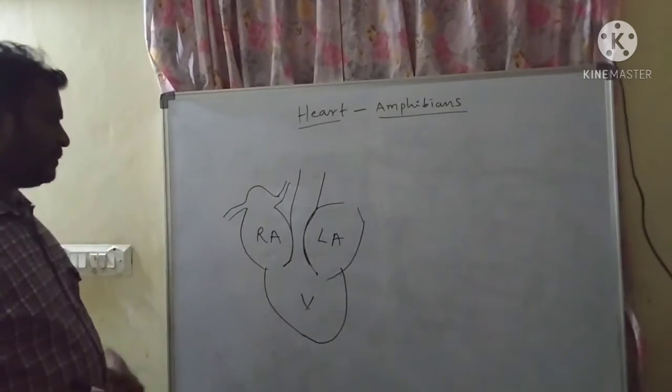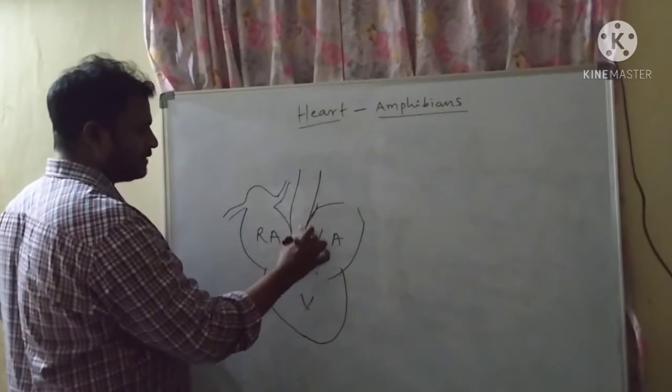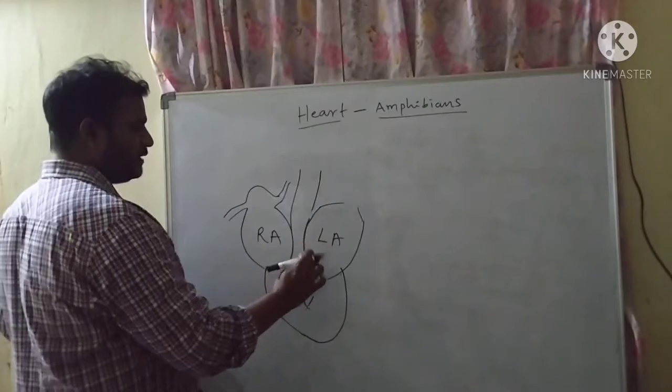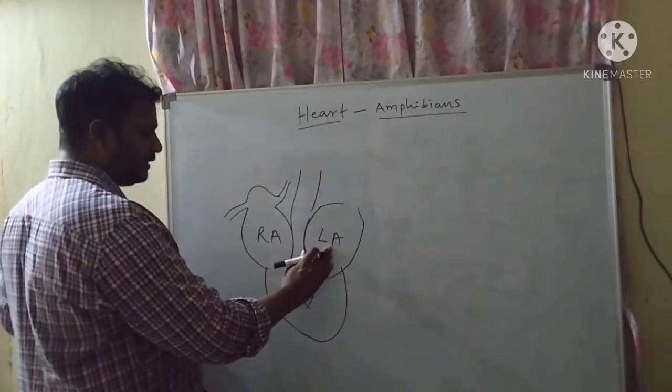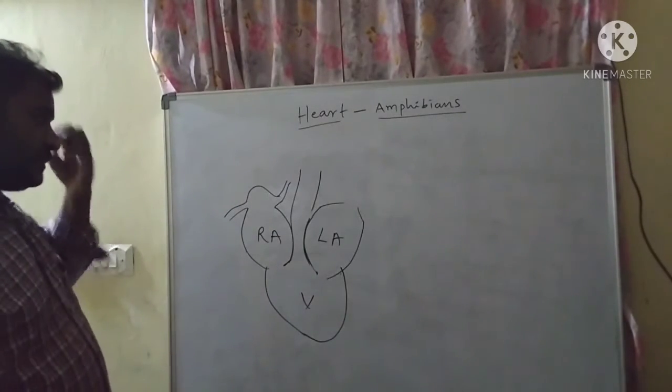There are three chambers present inside the amphibian's heart: two auricles and one undivided ventricle.